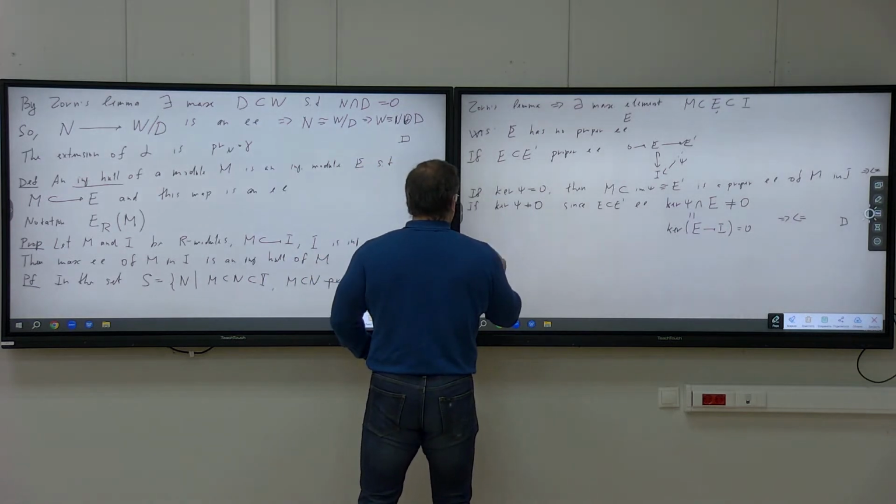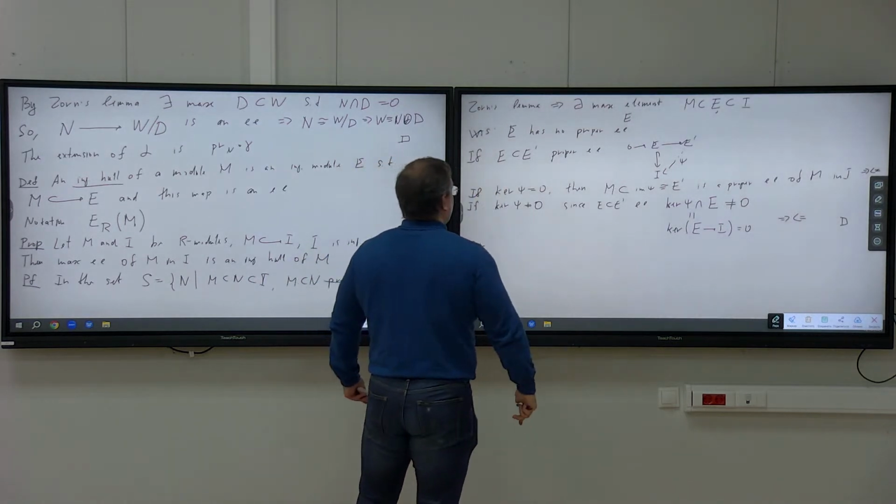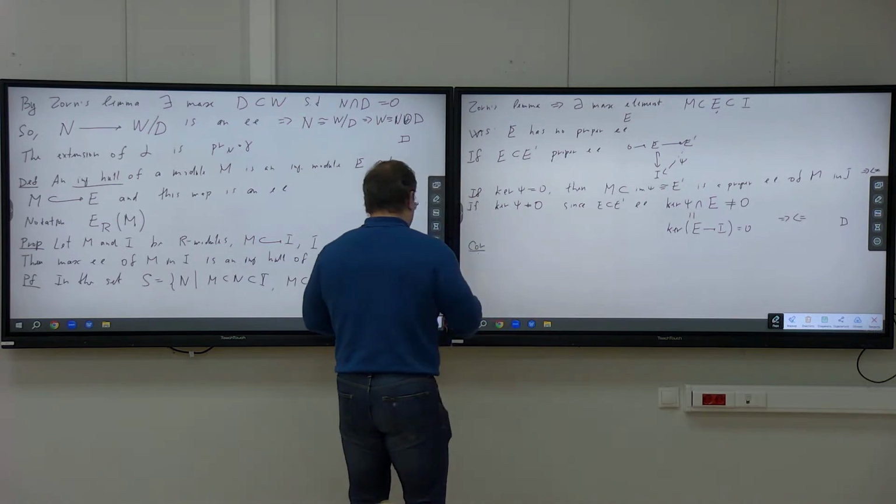Corollary, which is more or less proved by the same computation with the kernels, so I'm going to leave this as an exercise.